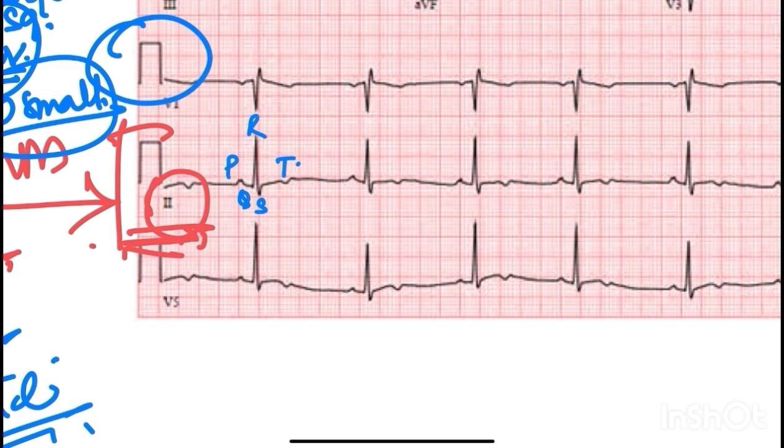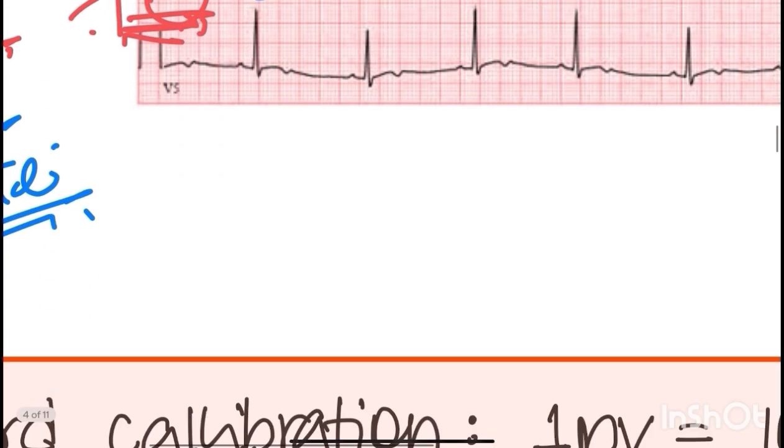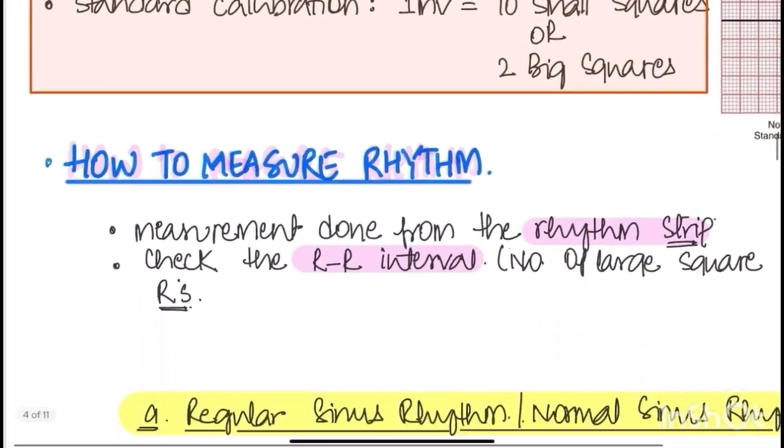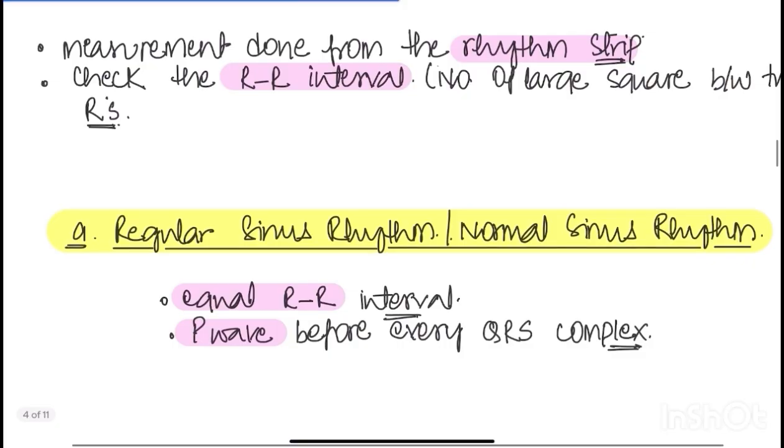Alright, so if we want to calculate the rhythm, we see this interval between these two R waves. So if it is equal throughout the ECG, then we say that the rhythm is regular sinus rhythm.